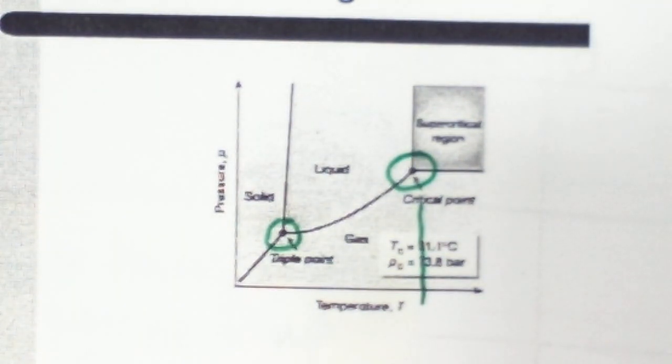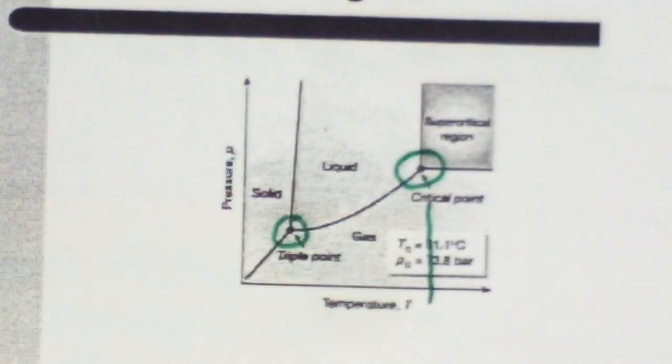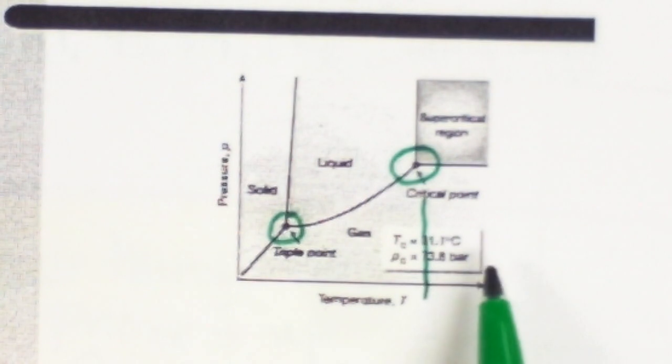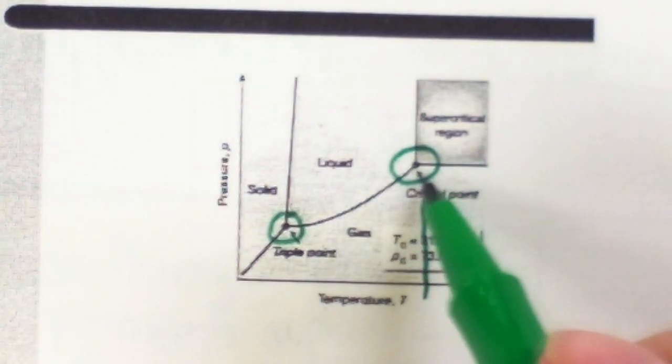So no matter how much pressure, because remember, when you put pressure on a gas, you push those particles back together and you can compress it into a liquid. But the critical point is where the temperature is so high that you can't compress it back into a liquid. So that's what this critical point is.